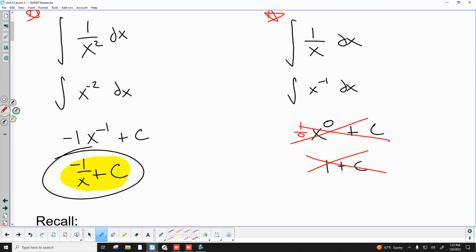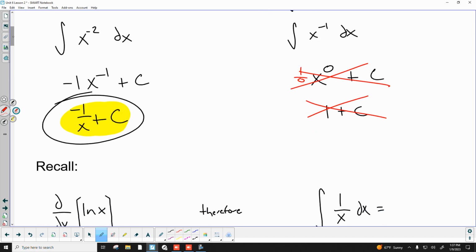So what are we getting from this? This is the super important rule with antiderivatives: the power rule works for every single power. Negative powers, fractional powers, it works, except for negative 1. Power rule doesn't work. Write that down somewhere, or just commit it to your brain.